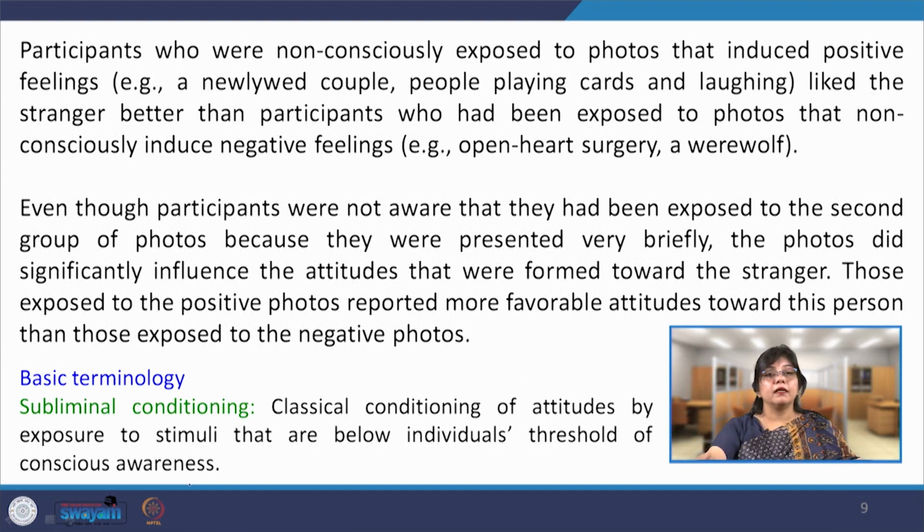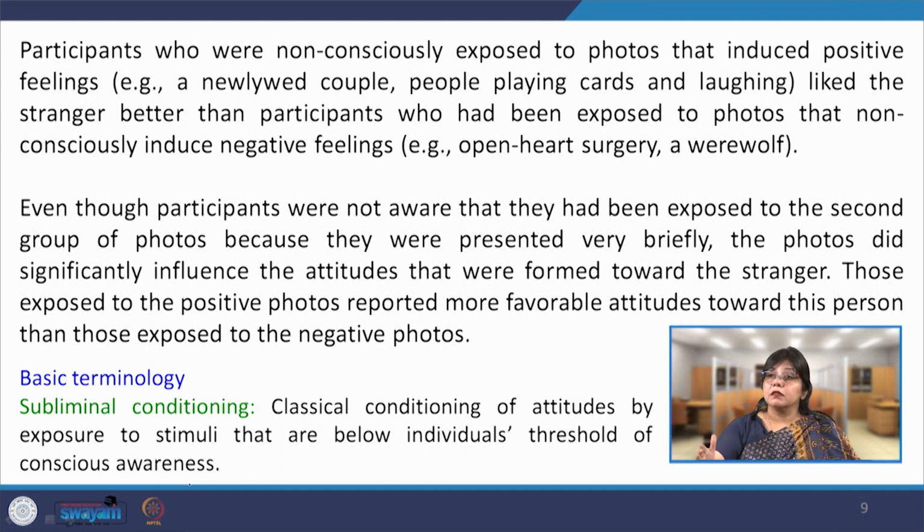The gist is that even stimuli in the environment which are not consciously analyzed or observed still have a deep impact on an individual's attitude. Students exposed to positive photographs developed a positive attitude toward the stranger, and students exposed to negative pictures evaluated the same stranger with a negative attitude.